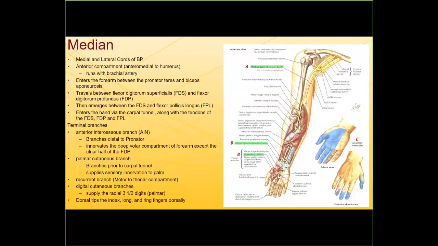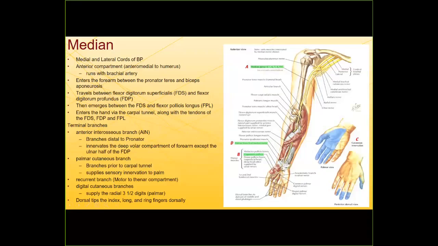Okay, its sensory branches are first the common, so it sends off like 3 common digital sensory branches, okay? And basically it's called a common branch until it enters the finger and bifurcates.